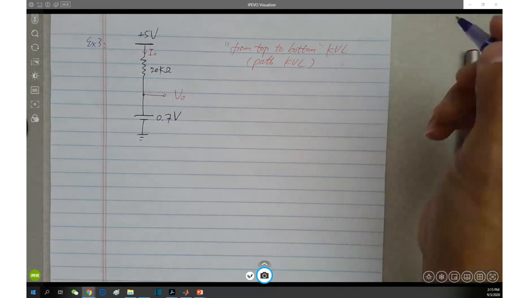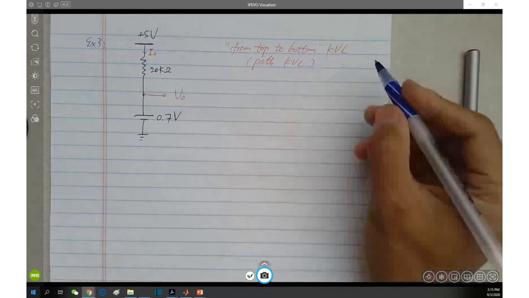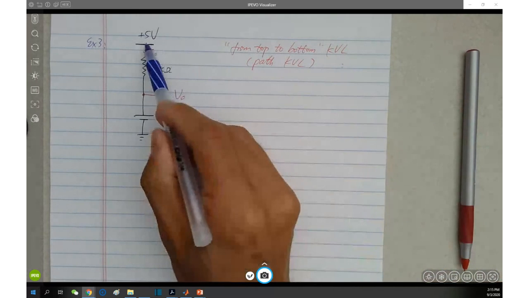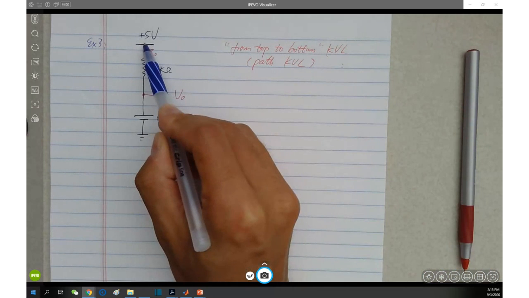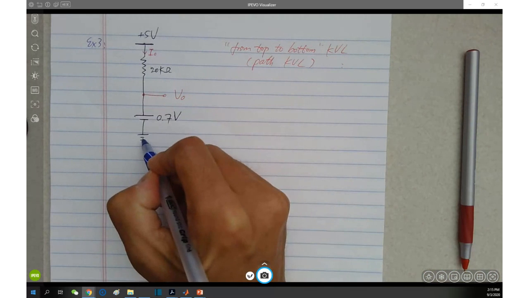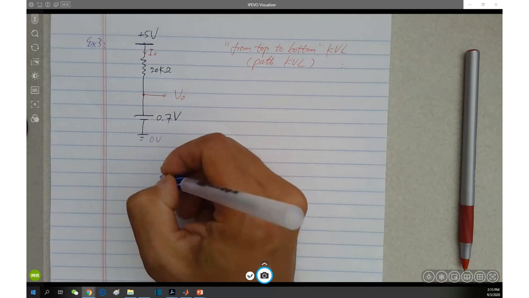How to write this KVL from the top to bottom? The top point is 5 volts, right? The bottom point is 0 volts, of course, it's ground.